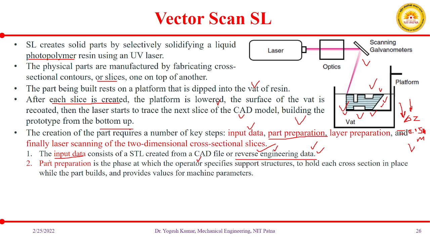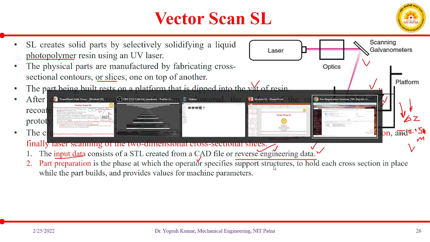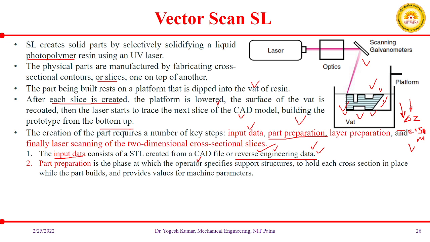Part preparation is a phase at which the operator specifies the support structure to hold each cross section in place while the part is being built, and also provides the values corresponding to your machine language, or machine parameters.